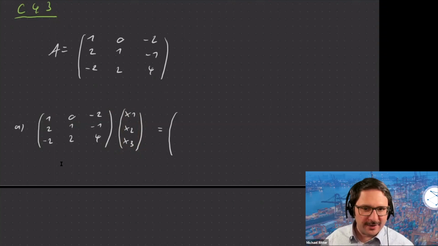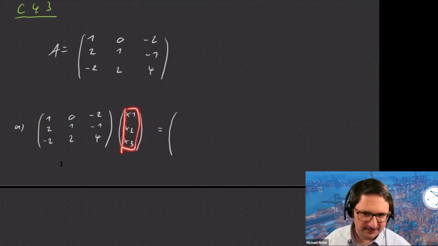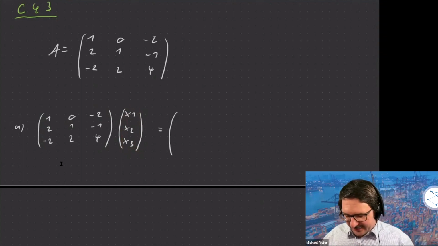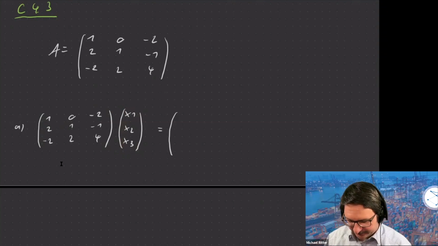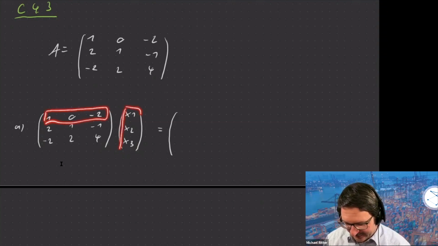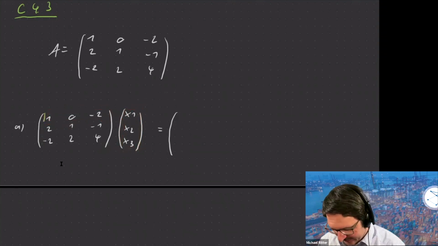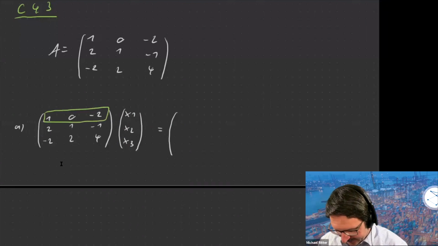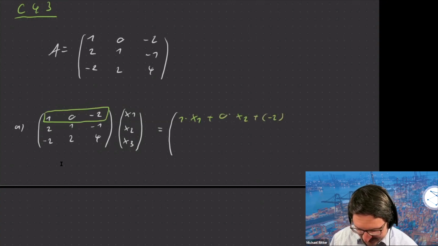And for each column of the result, we take 1 column of the right-hand side matrix. There's only 1 here, so not much to do. So what we do to compute that matrix product here is we multiply this first row with these coefficients here, and that is the first row of the result. So the first row will then be 1 times x1 plus 0 times x2 plus minus 2 times x3.